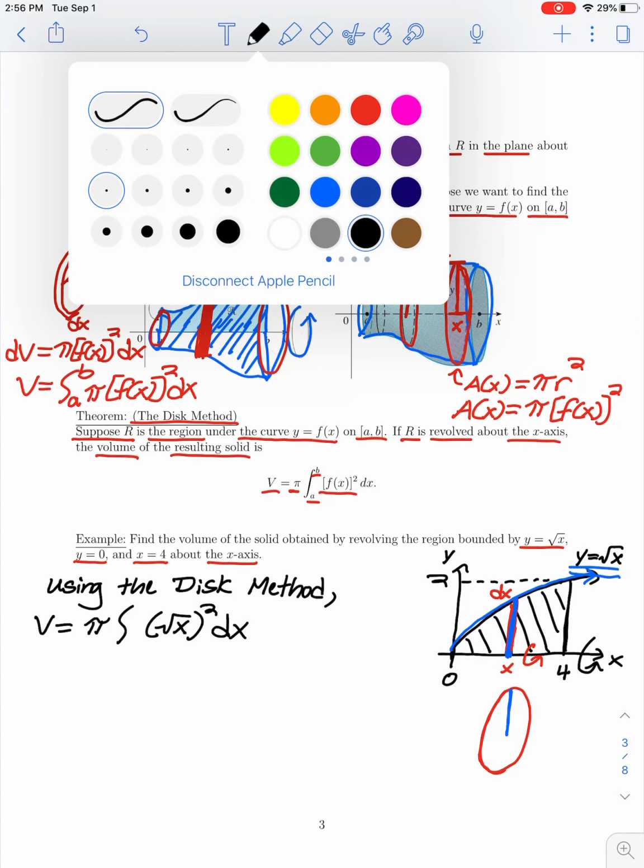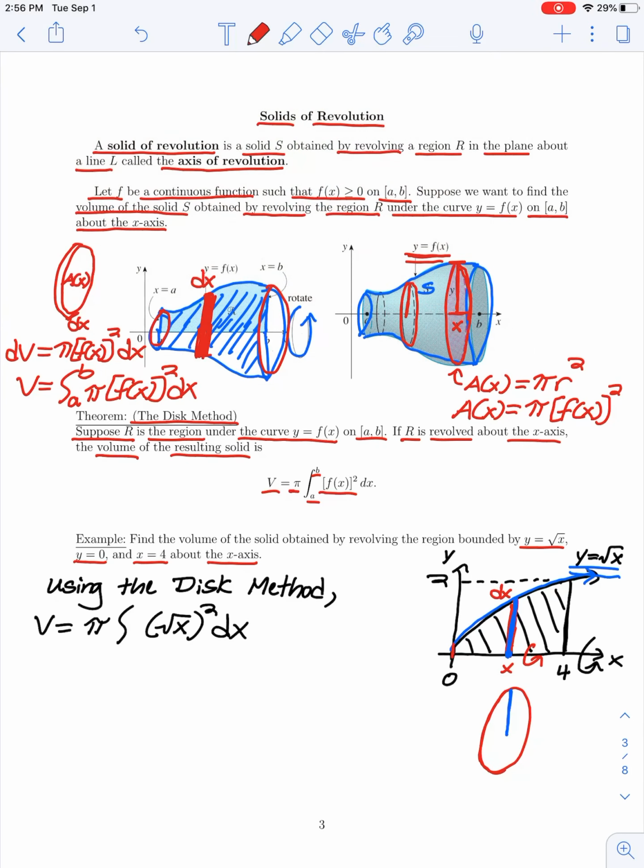And we can see from our sketch here that the lower bound on x was 0, and then we can range up to the other edge of our solid, which was corresponding to x equals 4. So we're integrating from 0 to 4 here.